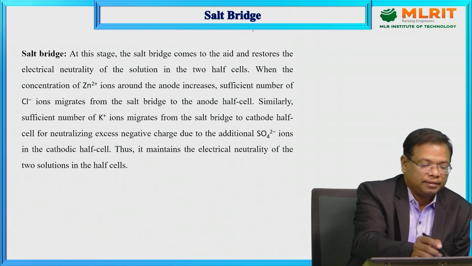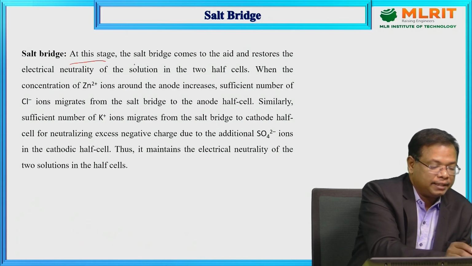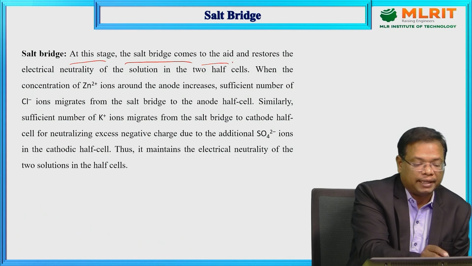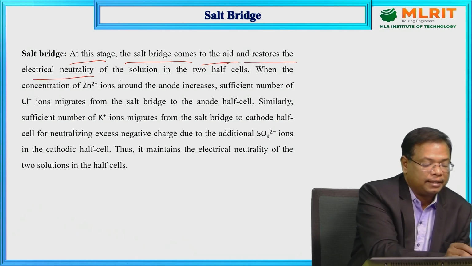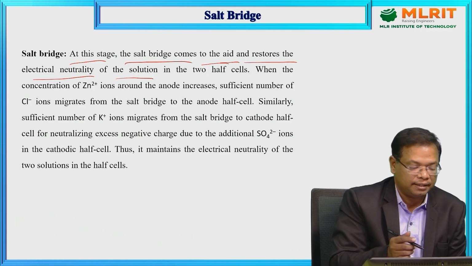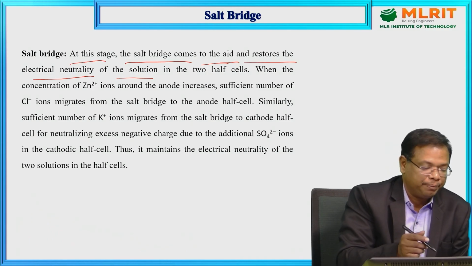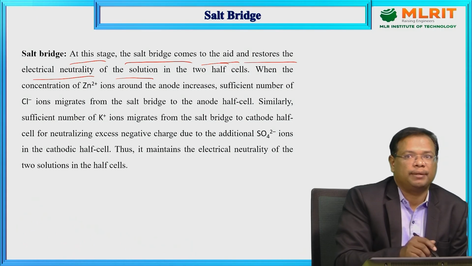Salt bridge. What is the function of the salt bridge? We already discussed. At this stage, the salt bridge comes to the aid and restores the electrical neutrality of the solution. The zinc sulfate and copper sulfate solutions become neutralized through the KCl salt bridge.